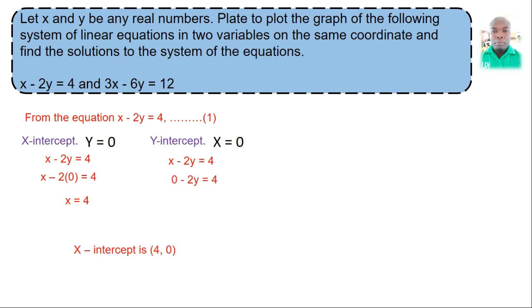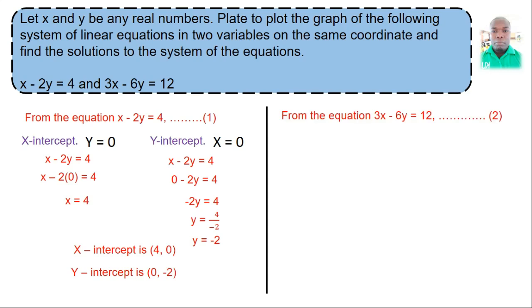So we have 0 minus 2y equals 4 and negative 2y equals 4. This means that y equals negative 2, and therefore the y-intercept is 0, negative 2.